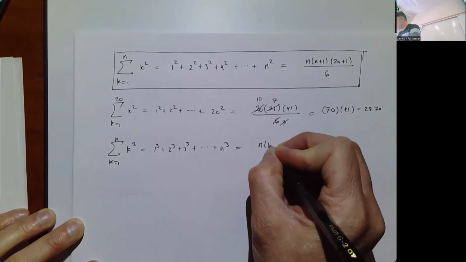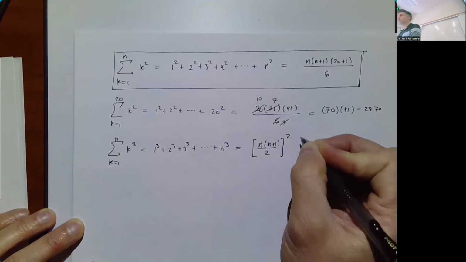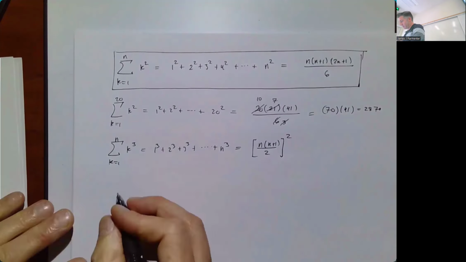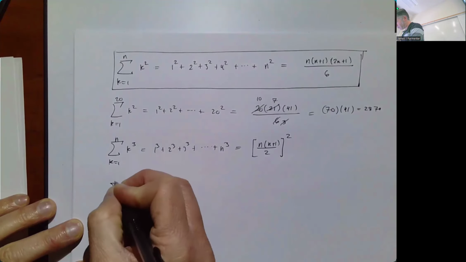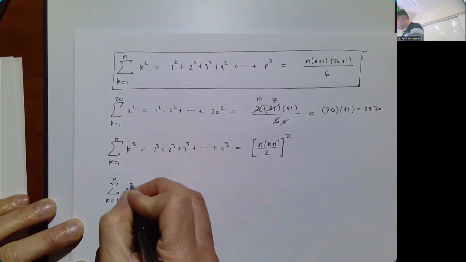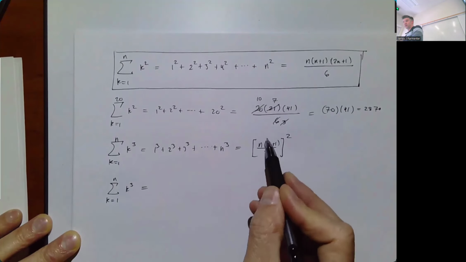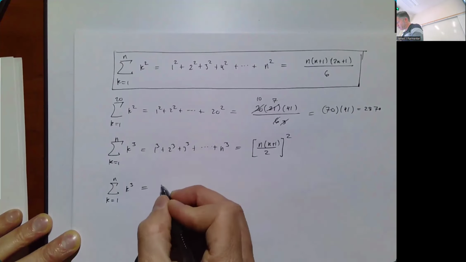It's n times n plus 1 over 2, squared. Or in other words, which I think is just neat, if you add up all the cubes from 1 to n, it's the same as adding up all the integers, because that was the formula for the sum of the integers from 1 to n, and then squaring it.